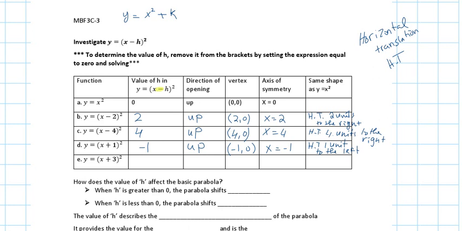And the last one, the h value is -3. Direction of opening is still up. The vertex is (-3, 0), and the axis of symmetry is x equals -3. And I have a horizontal translation of 3 units to the left.